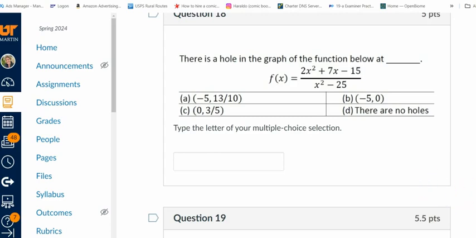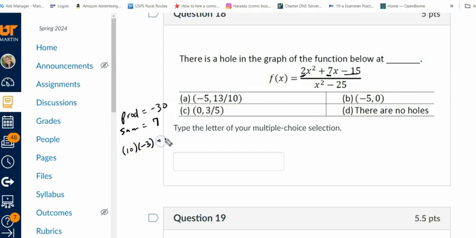All right, we're going to need to factor the numerator. So two numbers whose product is negative 30 and whose sum is 7. Okay. I could have positive 10 and negative 3.